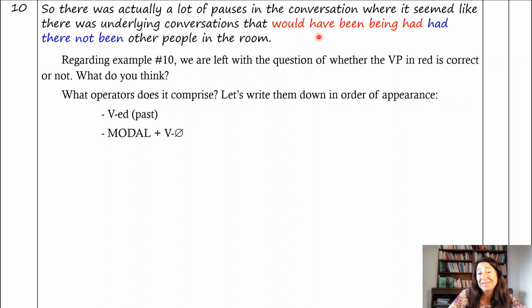And that verb base is the verb base of have. So the next operator is have followed by a past participle. So that's have plus VEN. And that past participle is that of be. And be here is followed by VING. So the next operator is be plus VING.